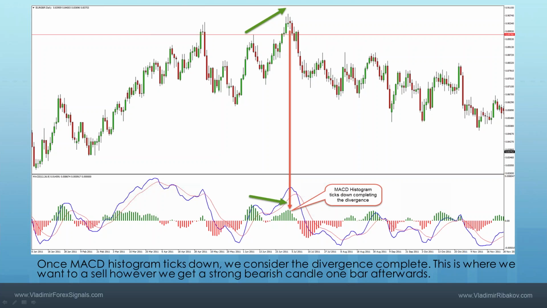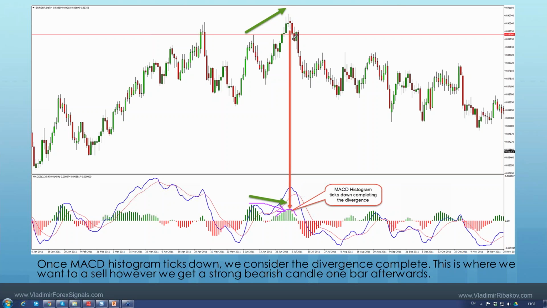Yes, correct, beautiful. Is there divergence, yes or no? The answer is yes. So you see the MACD, how do we know divergence activated? When the MACD was going up here and then boom, ticking down. When it ticked down, we know divergence triggered, activated.